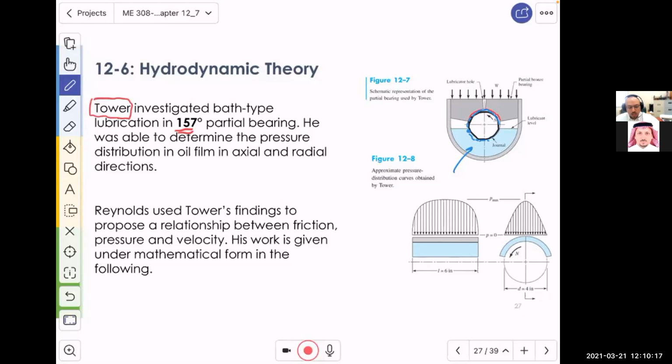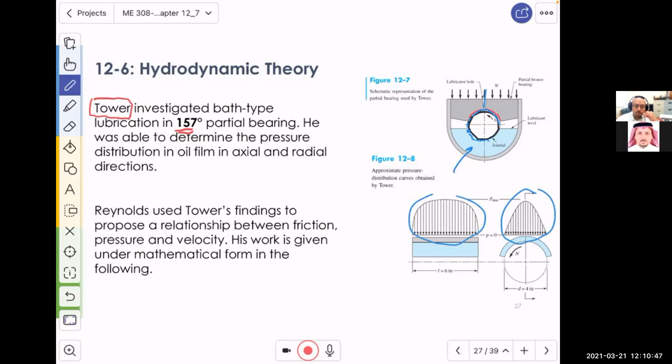We are in no position here to discuss the detail of how he conducted his experiment, but through experiment, by measuring the pressure through some gauges and so on, he was able to find the distribution of the pressure along the radial direction and along the longitudinal direction.